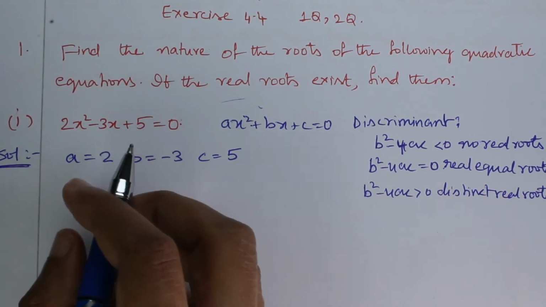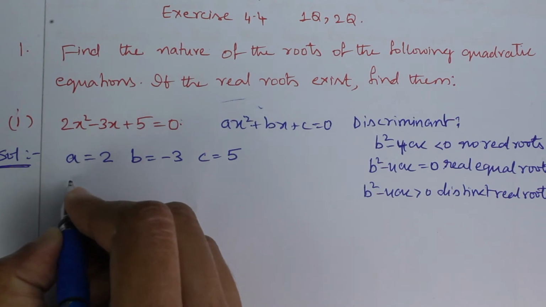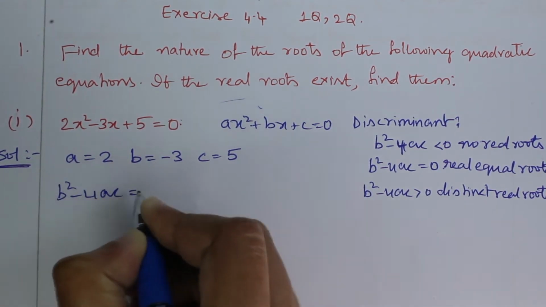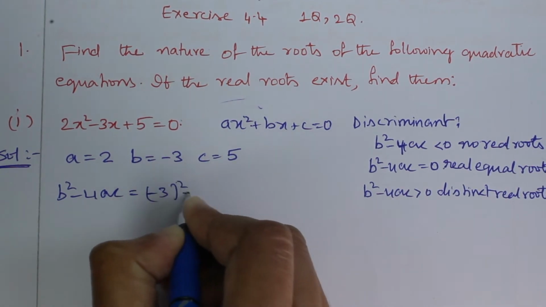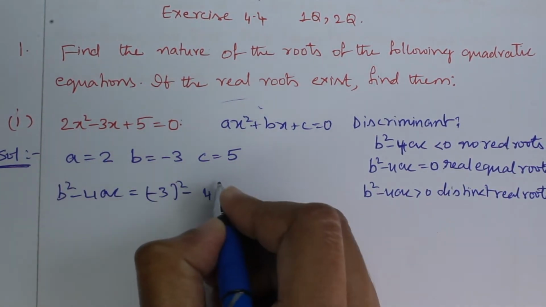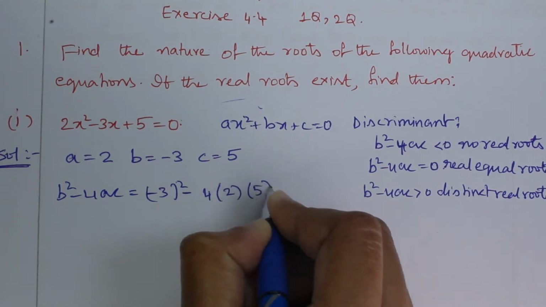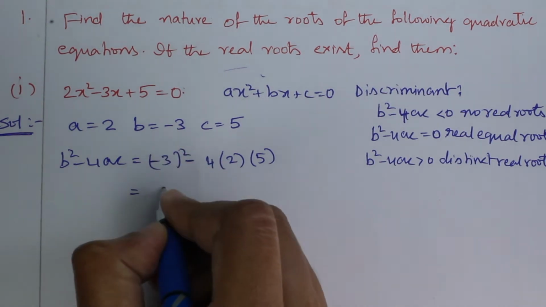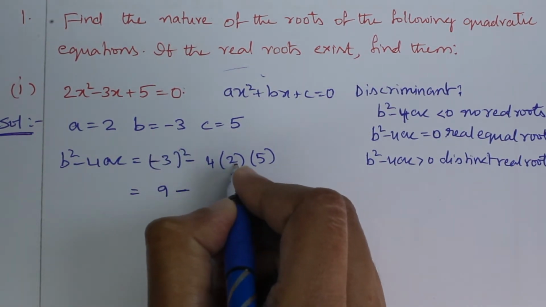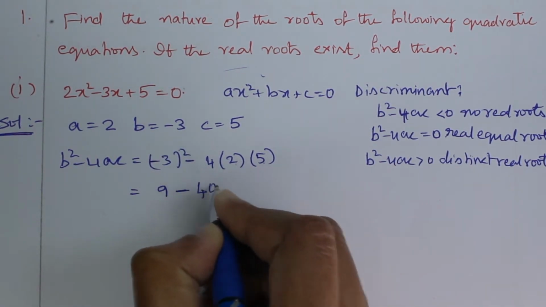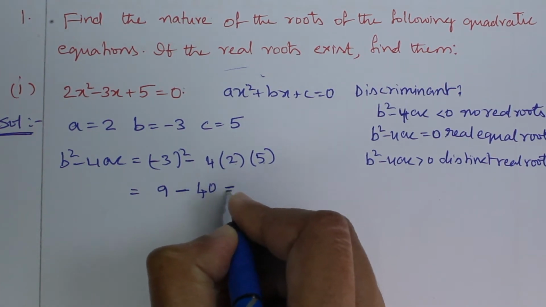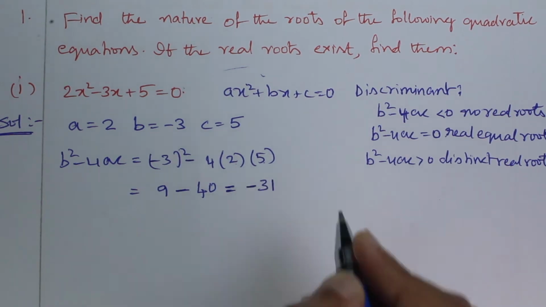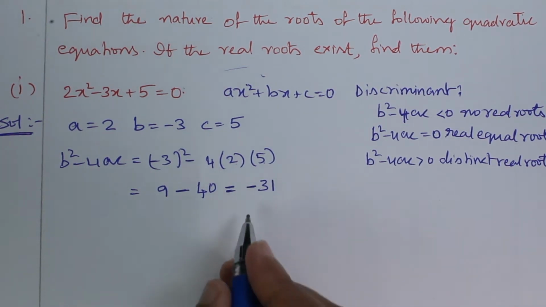Now let's calculate the value of b square minus 4ac. b square minus 4ac is equal to minus 3 whole square minus 4 into 2 into 5. Minus 3 whole square is 9. 9 minus 4 2s are 8, 8 5s are 40. 9 minus 40 is equal to minus 31.